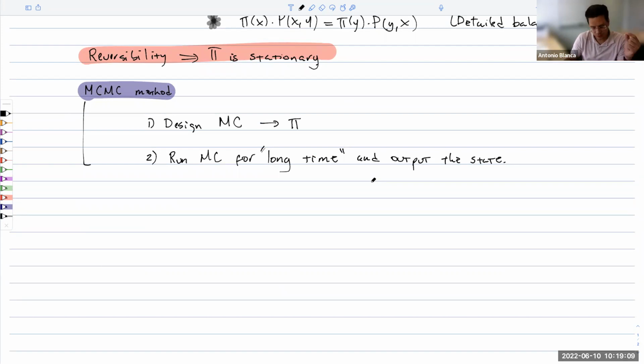And as I mentioned, in theory, what we want to understand is what a long time is. How many steps do we have to run the chain? Is it polynomial in the size of the input? Is it exponential? Is it constant? Is it logarithmic in the size of the input, right? In practice, to some extent, you don't really need to know this. You can say, I'm going to run it for some long time, and then hope that this is good experimentally, and in many cases it is.